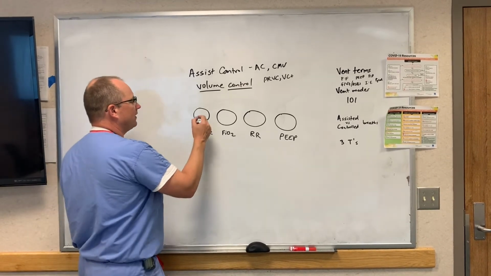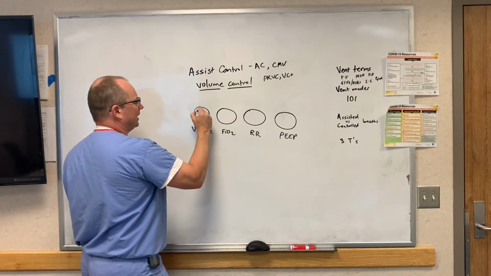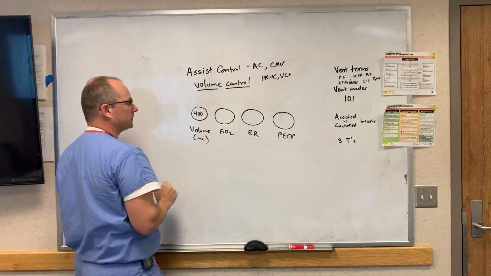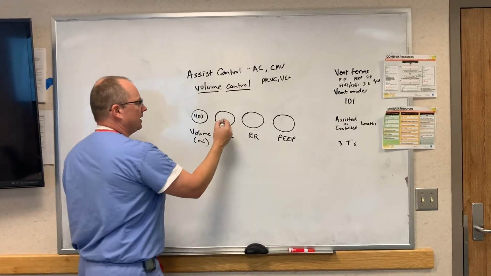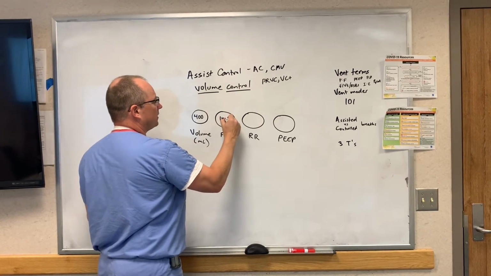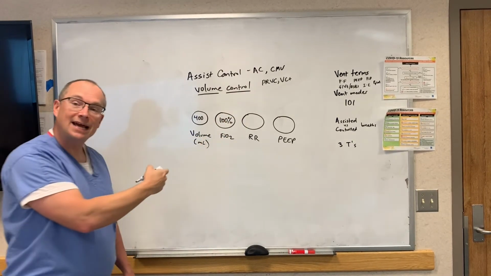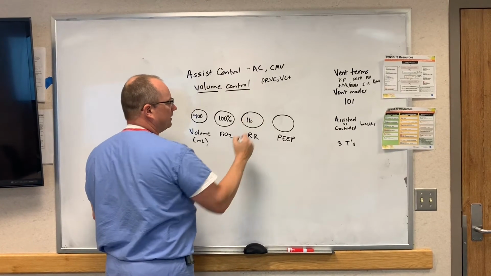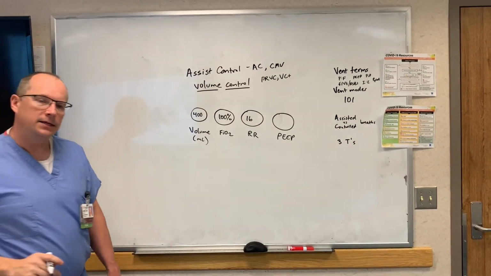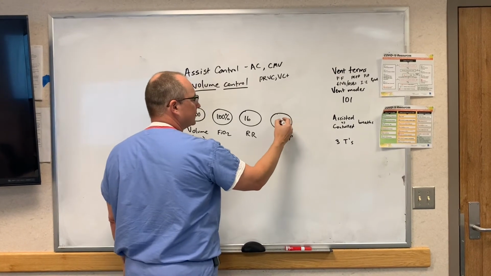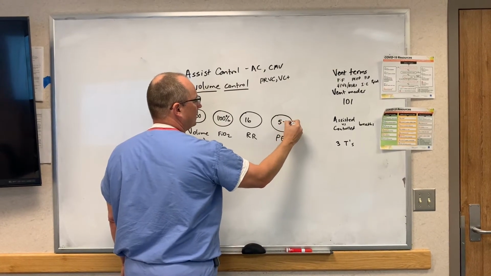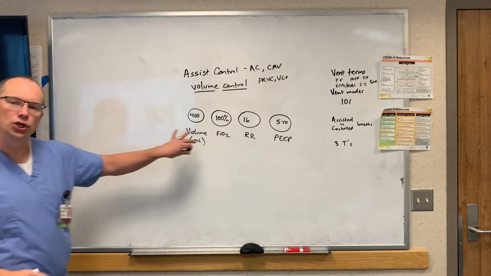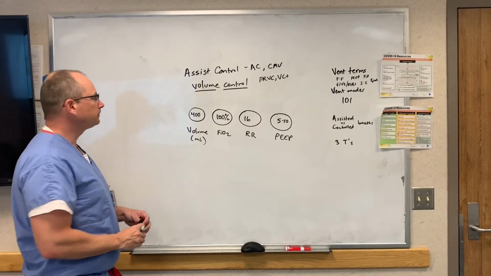A tidal volume normal would be about 400 cc's or mLs or 0.4 liters. FiO2, we'd probably start off at 100%. Respiratory rate, probably maybe about 16. And a PEEP starting about 5, unless they're more hypoxemic, maybe up to 10, depending on where you're at. So these are some of the numbers that you would provide.